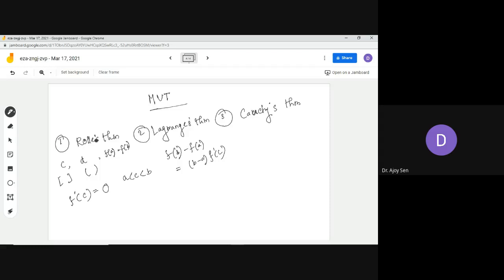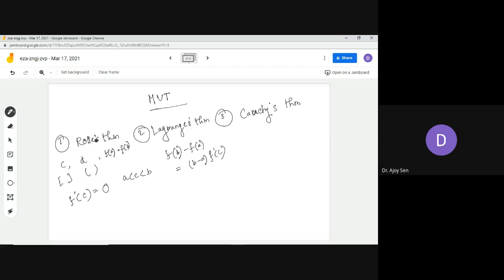So from Lagrange's theorem you can derive Rolle's theorem if you do the proof of Lagrange's theorem without taking Rolle's theorem. Because whenever you see the proof of Lagrange's theorem, you will see that it is nothing but an application of Rolle's theorem. So in the true sense you are doing the proof of Lagrange's theorem from Rolle's theorem.